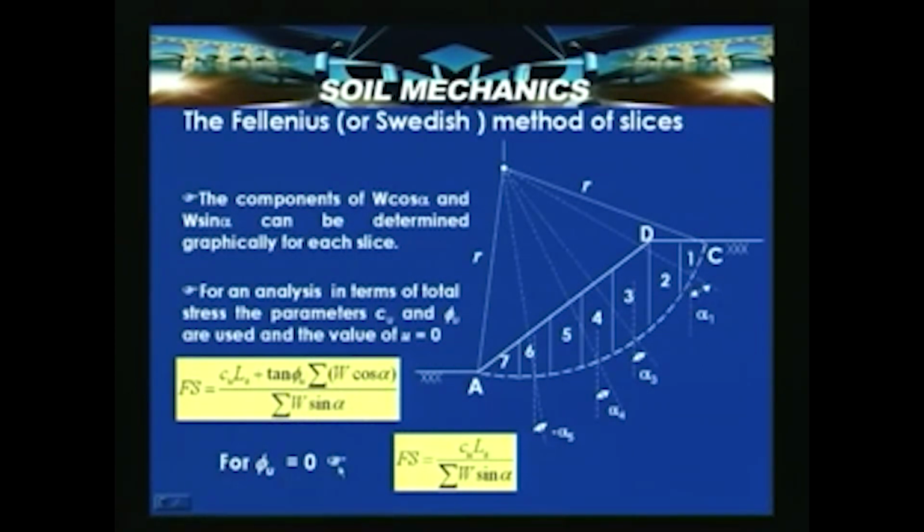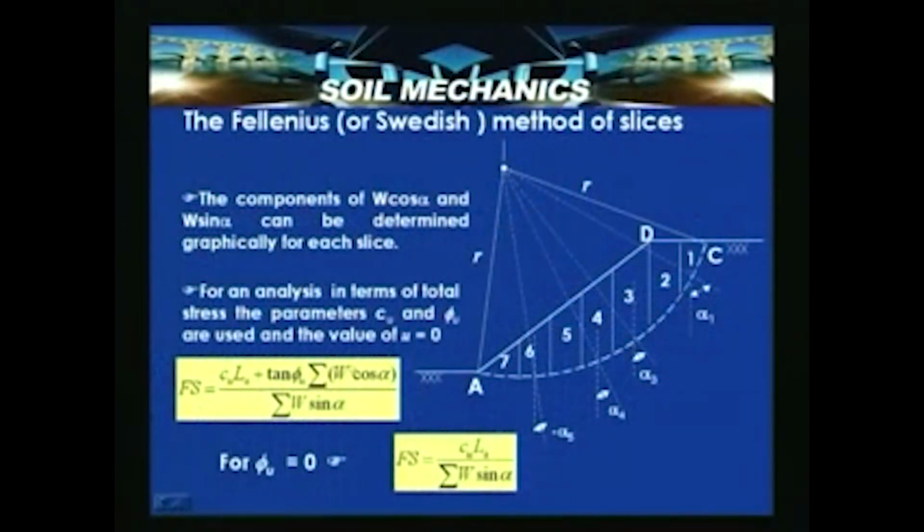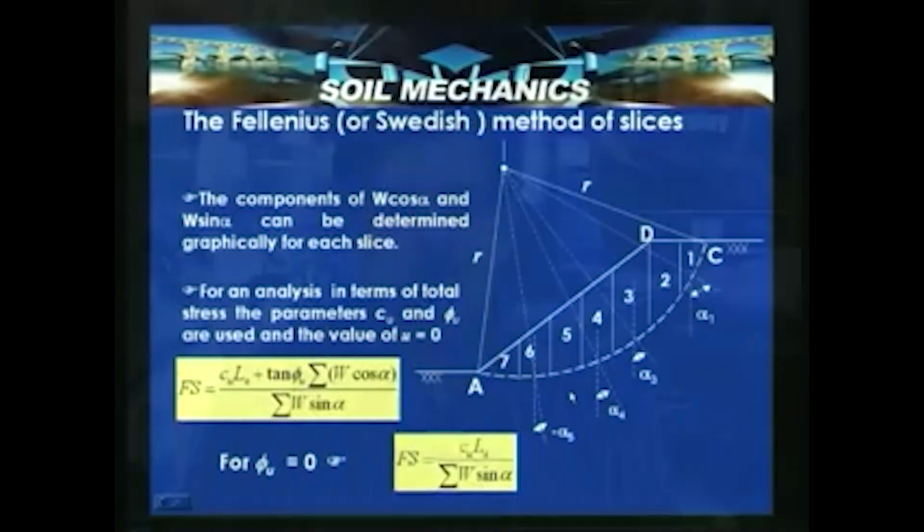For phi u equal to 0, that is for purely cohesive soil slopes or saturated clay slope, this term gets cancelled, and the factor of safety is nothing but Cu into LA divided by summation W sin alpha. This is what we discussed in the previous lecture about circular arc analysis.